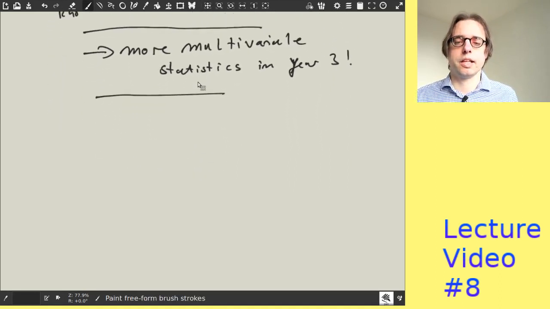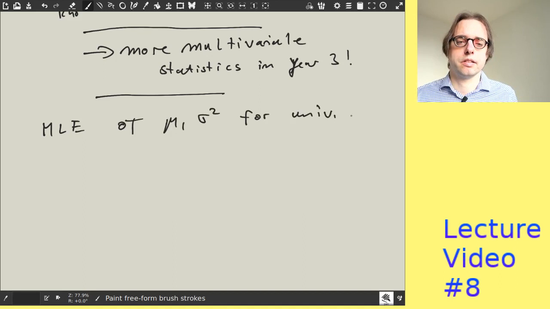Talking about likelihood, we know the MLE of mu and sigma squared for the univariate normal.